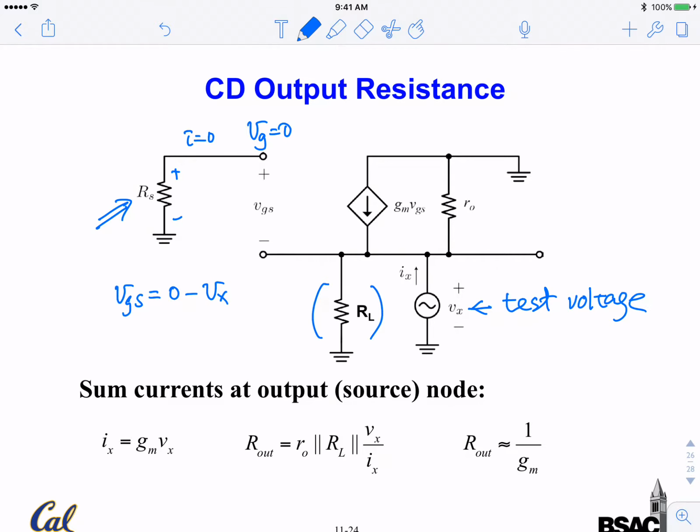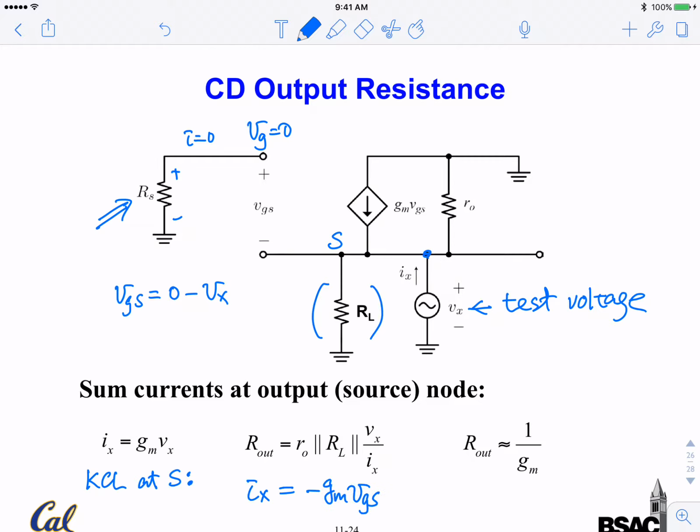And therefore, we do a KCL at the source. Basically, if we take RL out of the equation first, then Ix is equal to minus gm VGS.